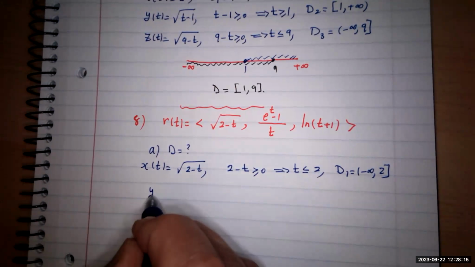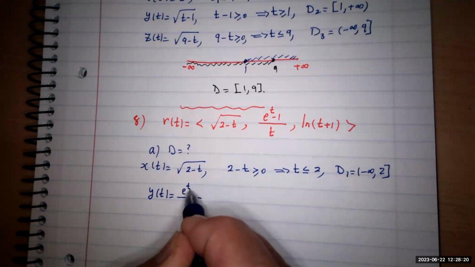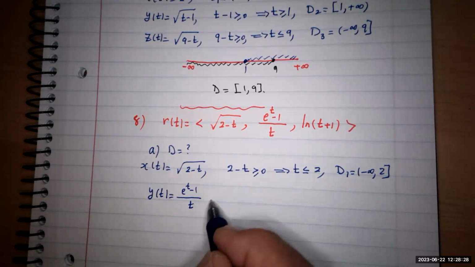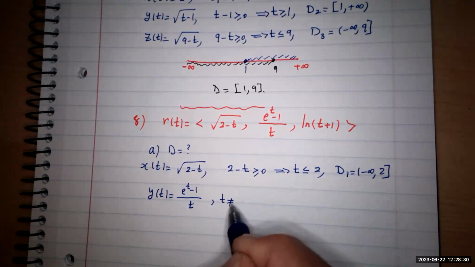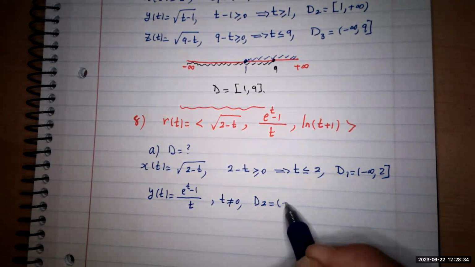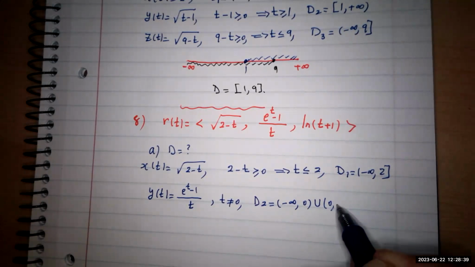The second one, y of t equal to e to the t minus 1 over t. You know that the exponential function is defined everywhere. The denominator cannot be 0, so t cannot be 0. So the domain of the second one is everything except 0: negative infinity to 0, union 0 to positive infinity.